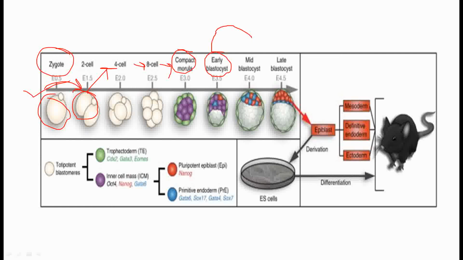This early blastocyst undergoes differentiation and forms mid-blastocyst. This mid-blastocyst further forms late blastocyst. This late blastocyst then forms epiblast, and this epiblast gives rise to mesoderm, endoderm and ectoderm, that is, all three germ layers.